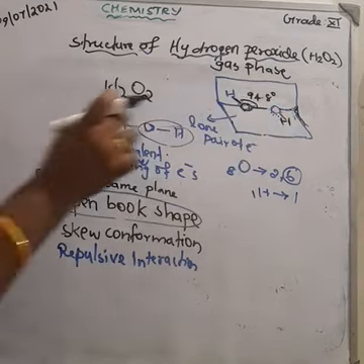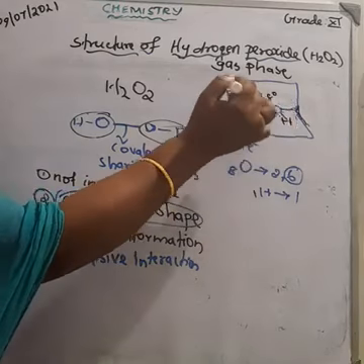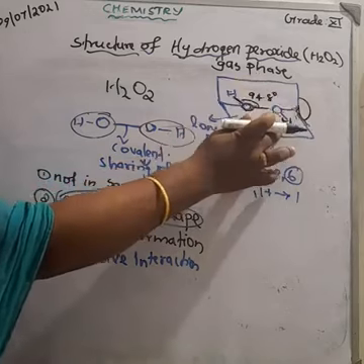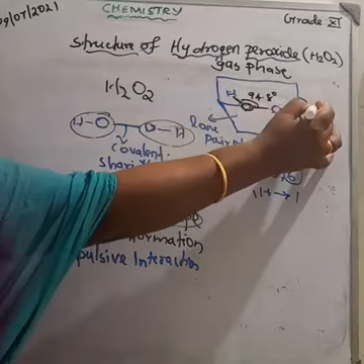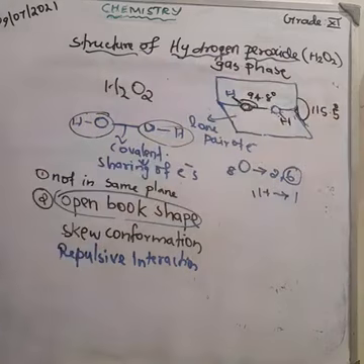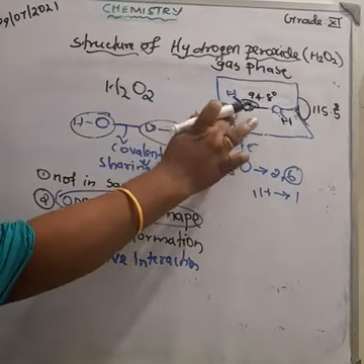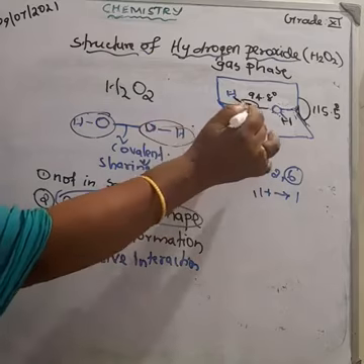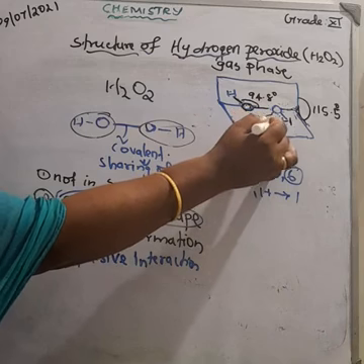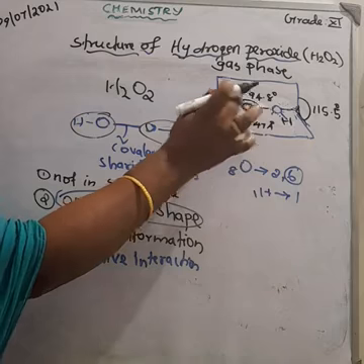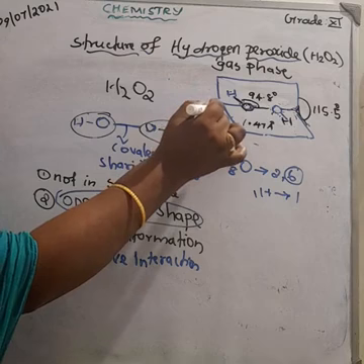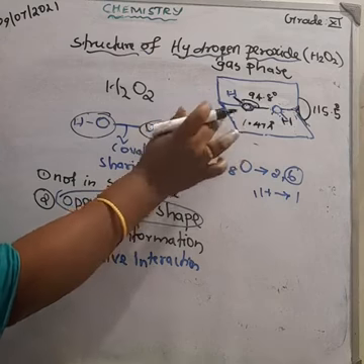The dihedral angle here, for this hydrogen, is 115.5 degrees, and the distance between these two oxygen atoms is 1.47 Angstrom. And this hydrogen and this oxygen distance is 0.95 Angstrom.